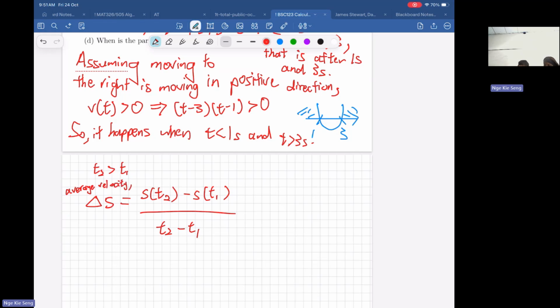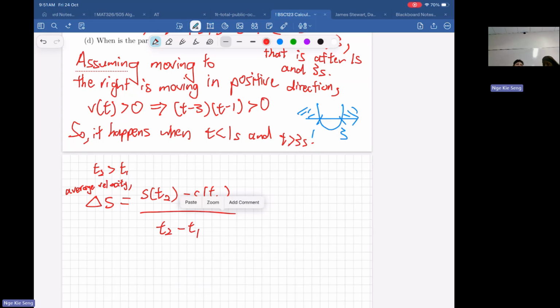Now t2 minus t1 is always positive, right? But how about the change in x? This could be positive, this could be negative. So when is it positive? When is it negative?